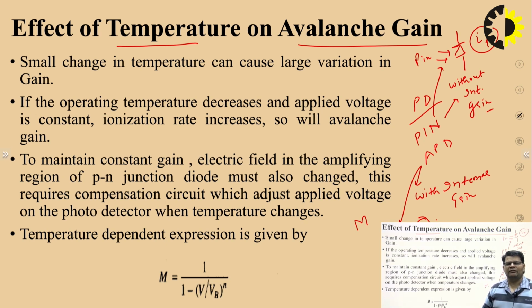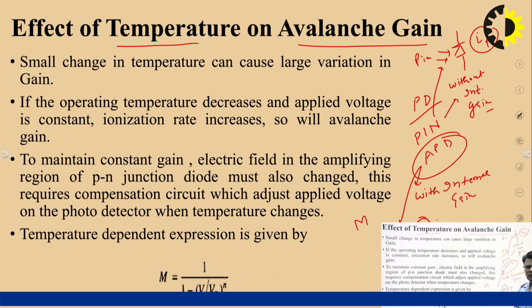Whenever we apply a comparatively higher reverse bias voltage in the case of APD, the photocarriers generated move with a great velocity and gain sufficient energy and collide with the material particles so that they can generate further photocarriers.